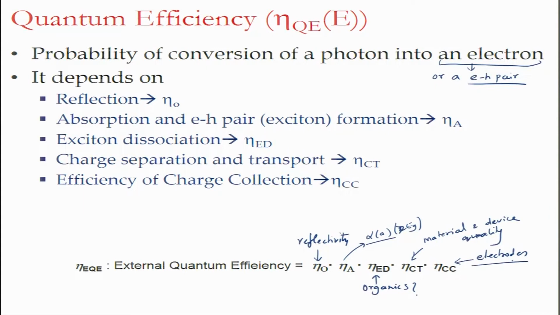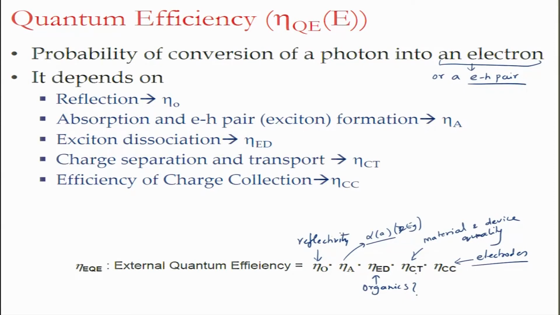So, you can see that your device design will require you to optimize all of these. You would like to minimize reflection, you would like to maximize the absorption, you would like to maximize the efficiency of exciton dissociation, which is normally not a problem, but you must have some built-in field or built-in force to break the exciton and dissociate it into electron hole pairs, especially in organics.